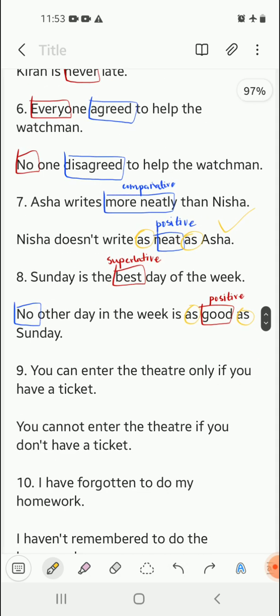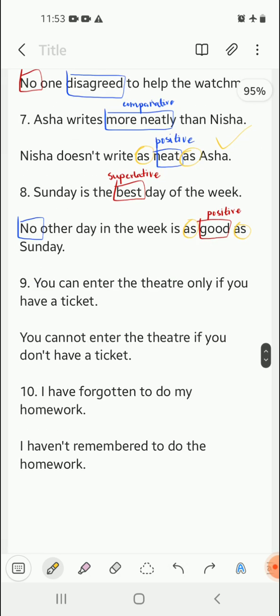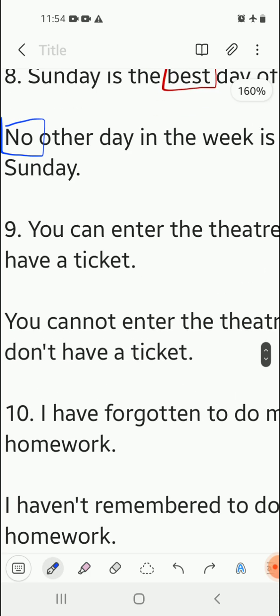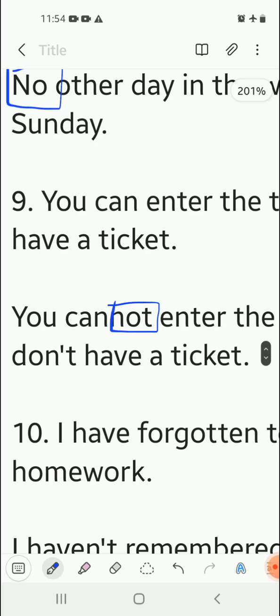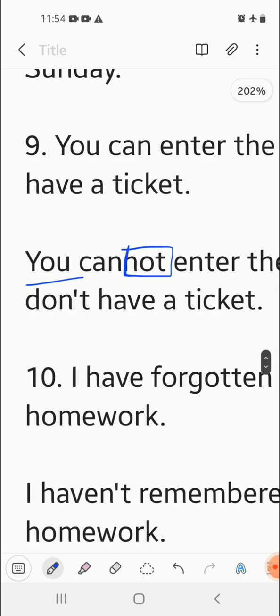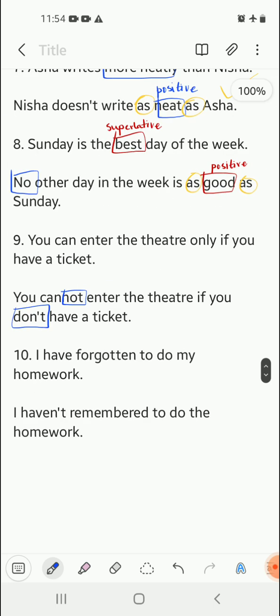Moving on. Number 9. You can enter the theater only if you have a ticket. So it means that if you don't have a ticket, you can't enter. So we will simply add not in the sentence in two places. You cannot enter the theater if you don't have a ticket. Don't is an abbreviation for do not. The rest of the sentence remains the same.